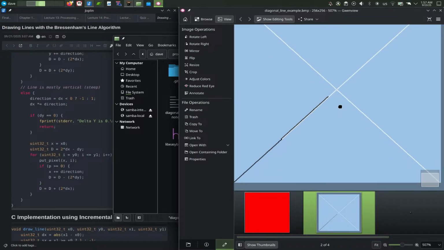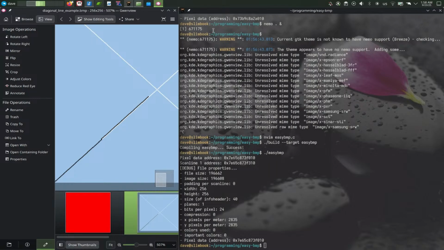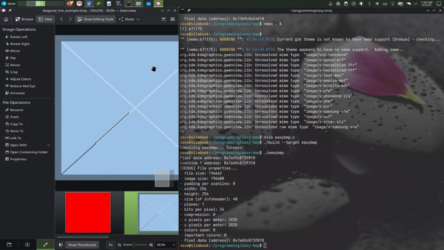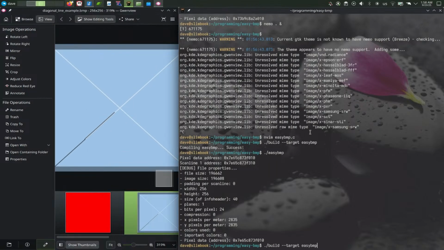Okay, well, that's why. The slope is about the same, so I need a more drastic slope. Let me zoom out a bit.